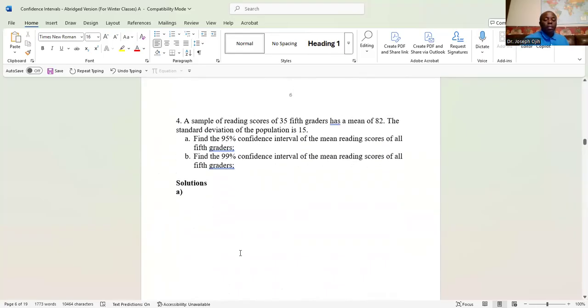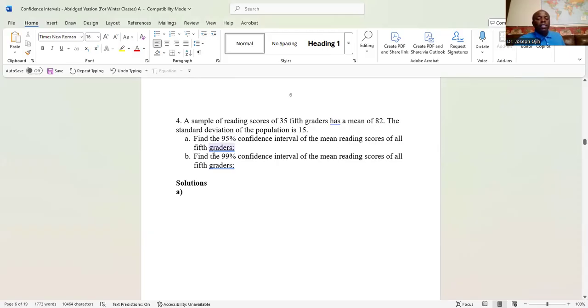Okay, it says a sample of reading scores of 35 fifth graders has a mean of 82 and a standard deviation of 15.